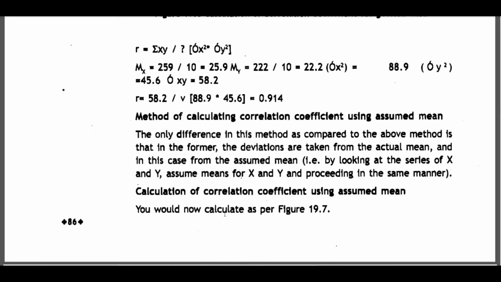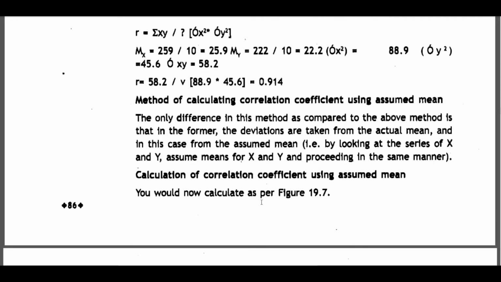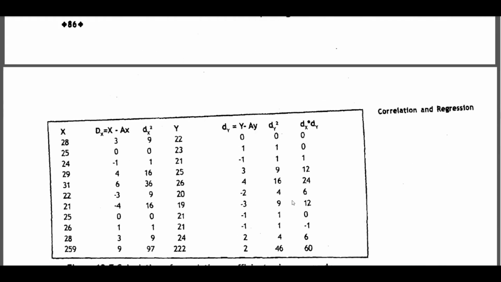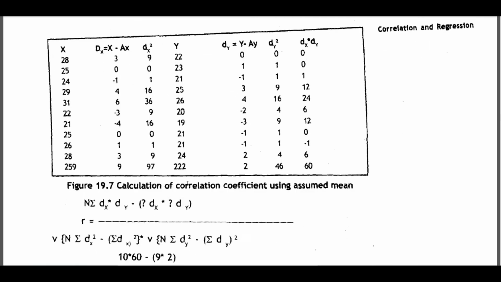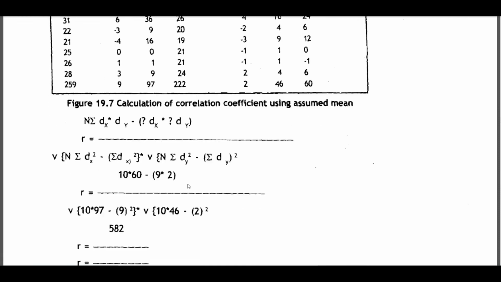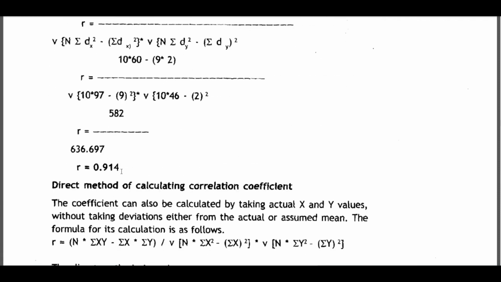You would now calculate the correlation coefficient using assumed mean as per figure 19.7. So this is the table for that calculation, and we can find the value of r again using this formula. So we again get the value 0.914.